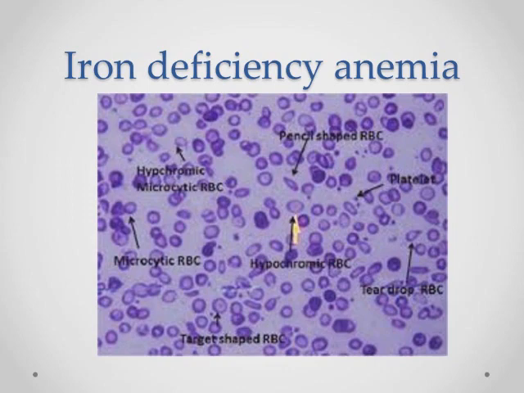Sometimes the RDW is the first of the indices to change in the CBC, because in the early stages some cells will be hypochromic and other cells are still normochromic, so the red cell distribution width will change.